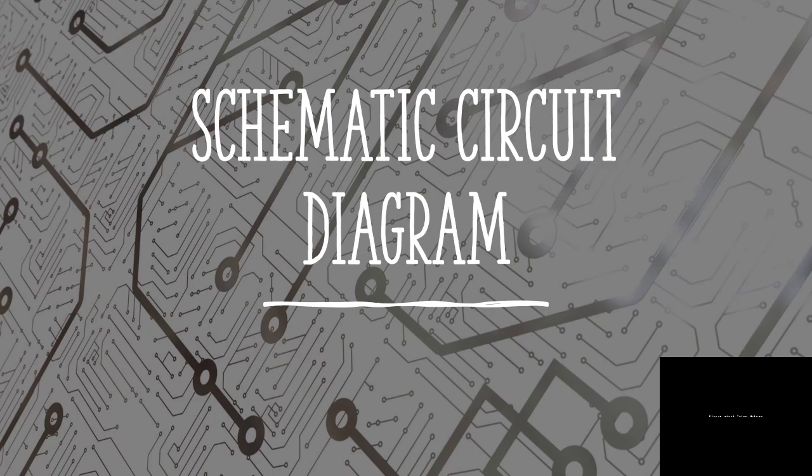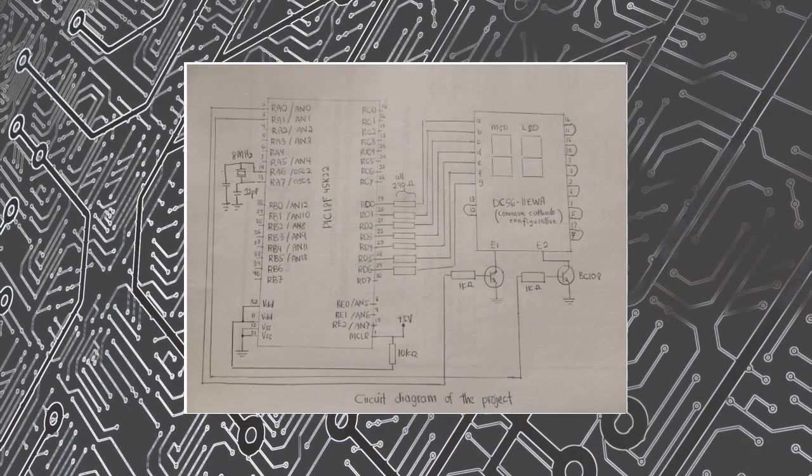First, this is the circuit diagram of the project for question 2. My controller that I will be using is the PIC18F45K22. I will explain a bit of my circuit.